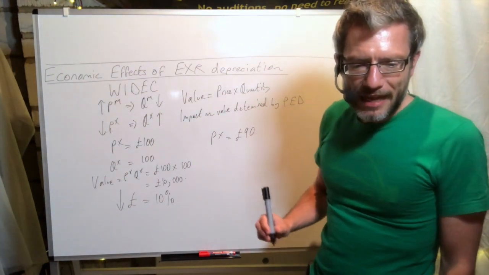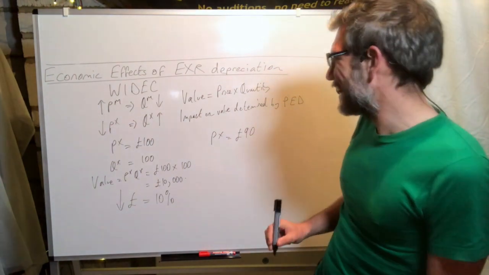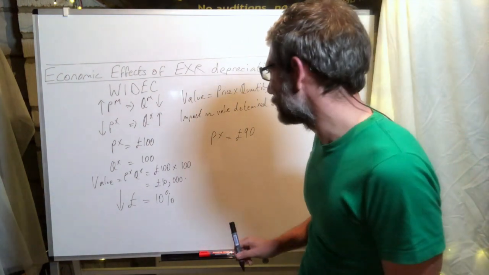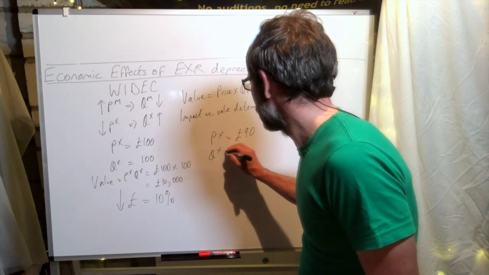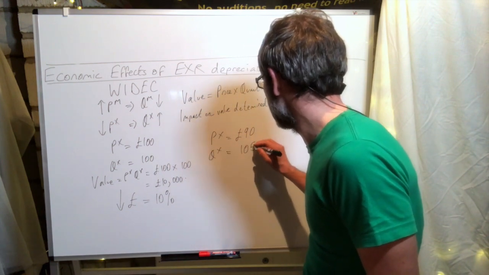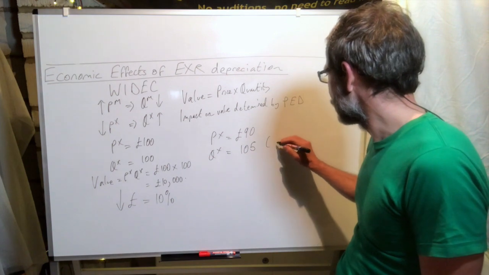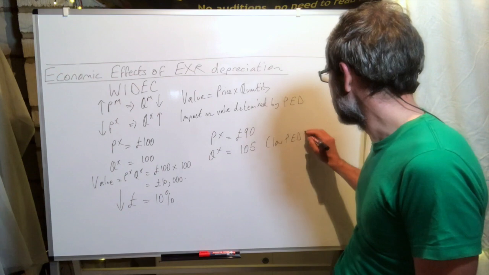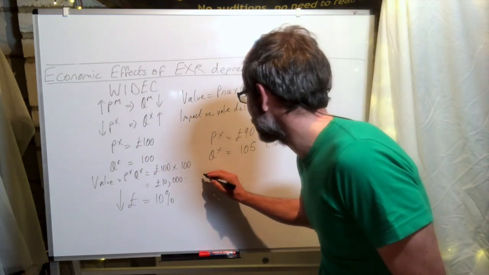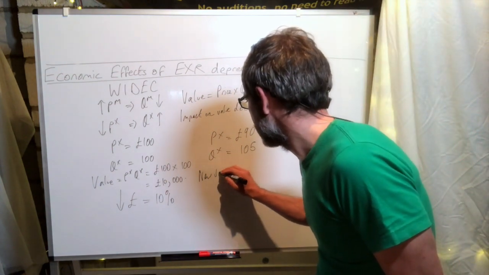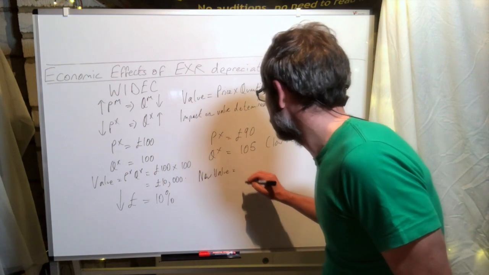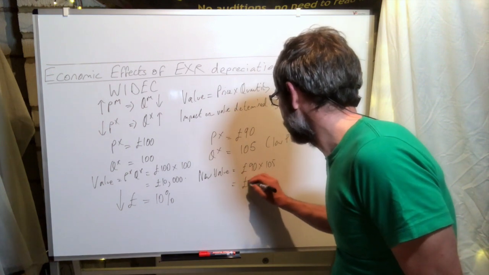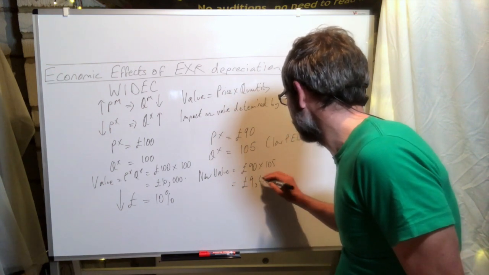Now let's assume that demand in the first instance is inelastic. Let's say that demand only rises, the quantity demanded only rises by 5%. So if the new quantity of exports is now 105, so we have a low PED, inelastic PED, then the new value of exports is going to be equal to £90 multiplied by 105 units, which is £9,450.